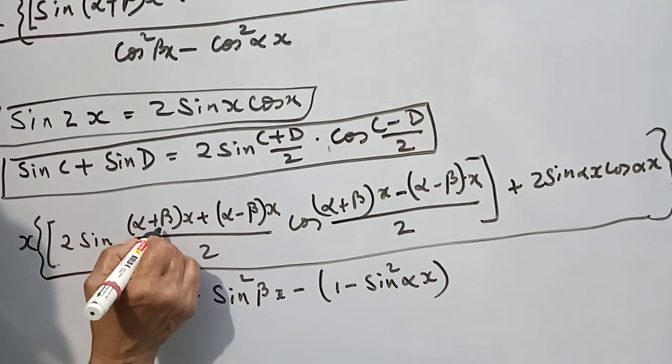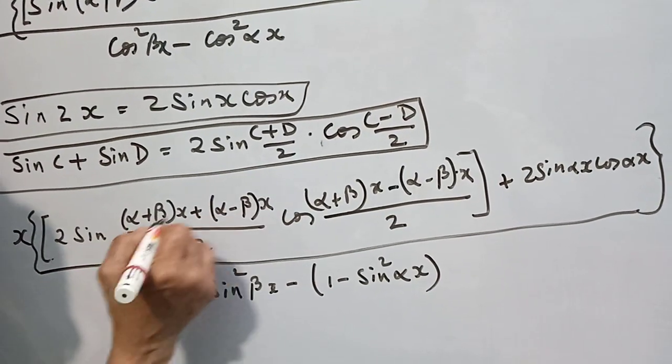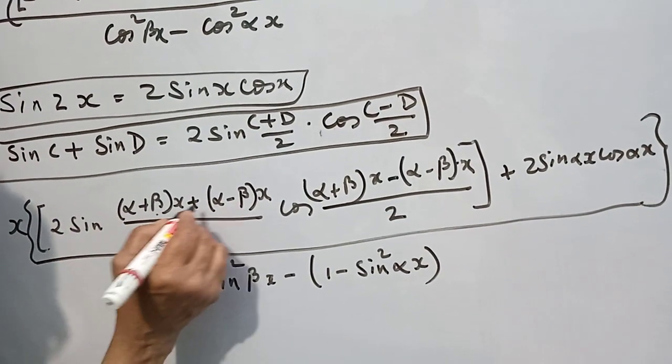So this is plus beta x minus beta x, this cancels, and this is sin 2 alpha x.